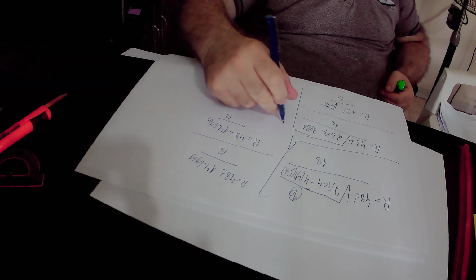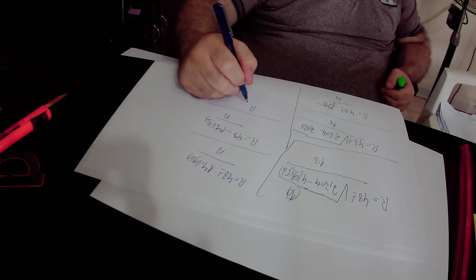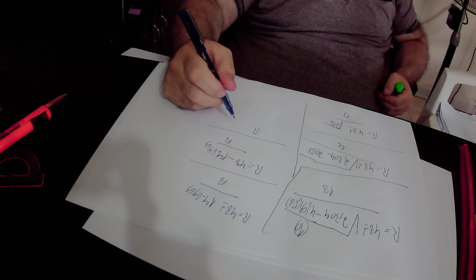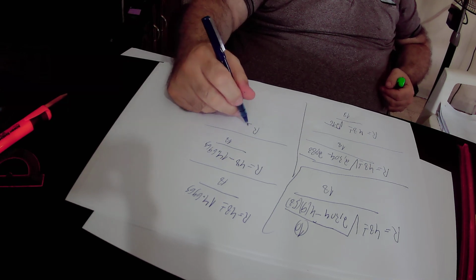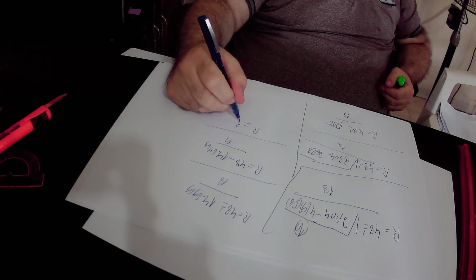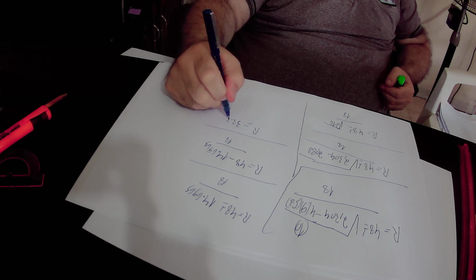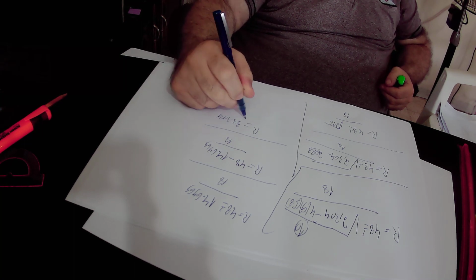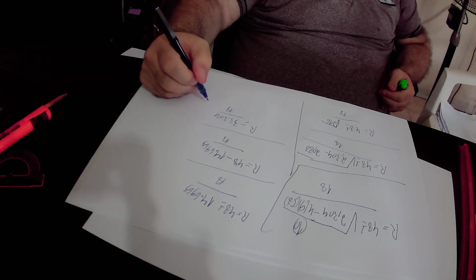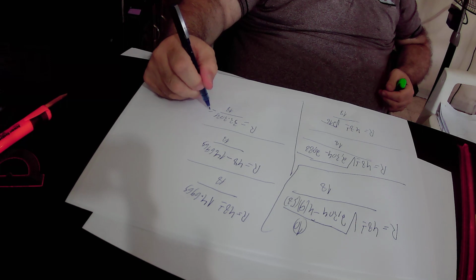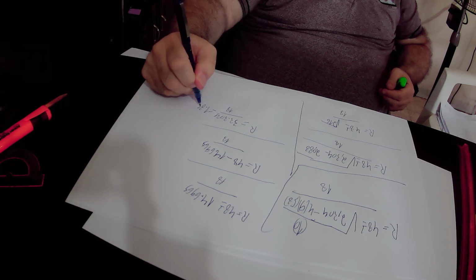So R equals 33.3031 over 18, and 33.3031 over 18 is 1.85.